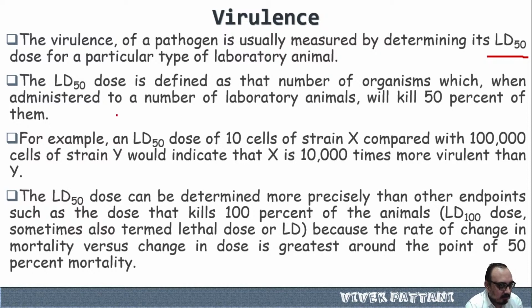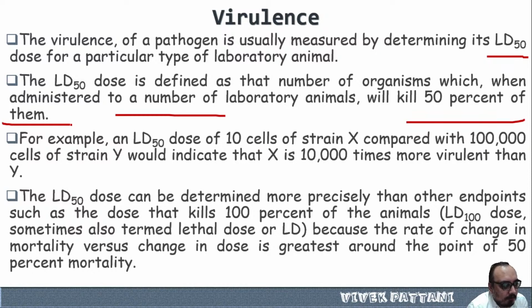It is defined as the number of organisms which, when administered to a number of laboratory animals, will kill 50% of them. So it is the amount of pathogens needed to kill 50% of the laboratory animals.